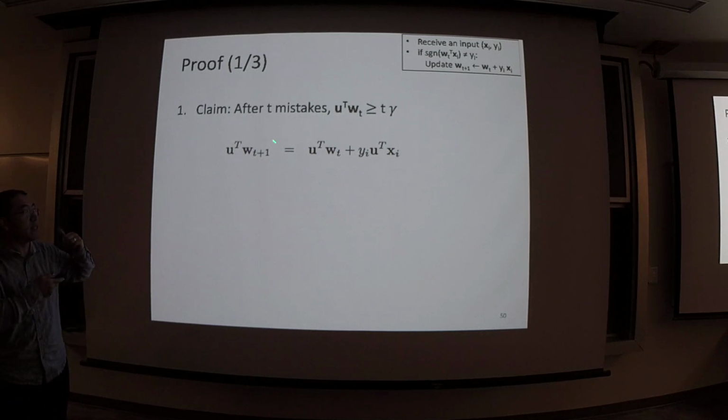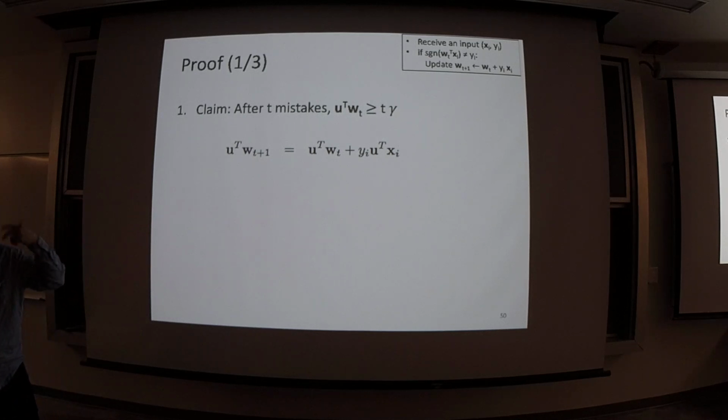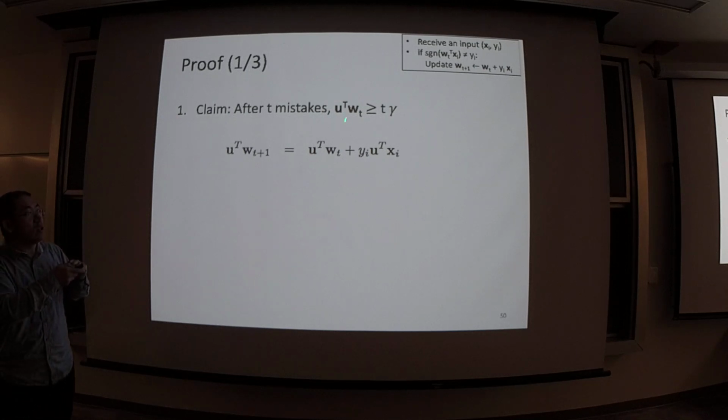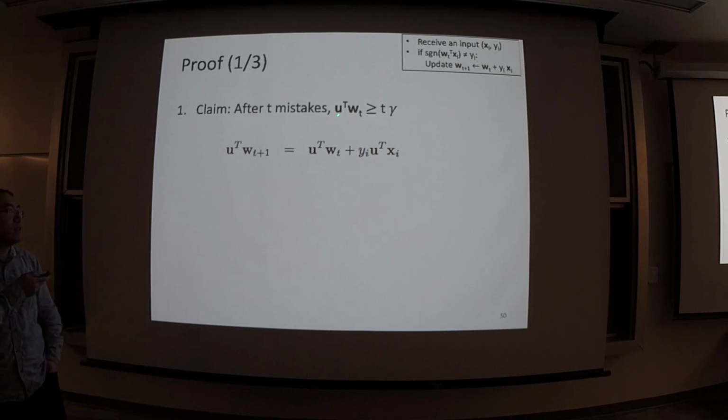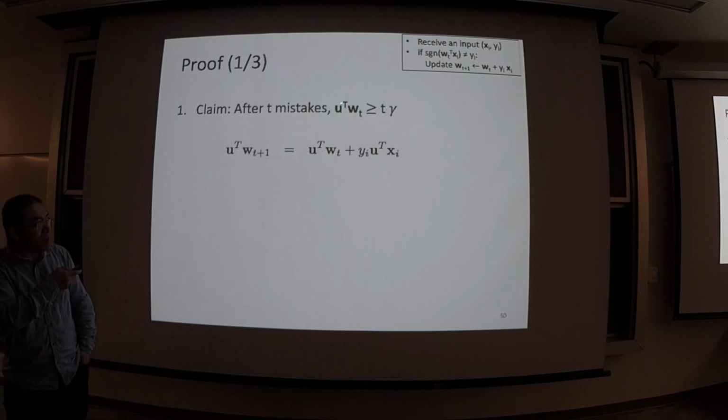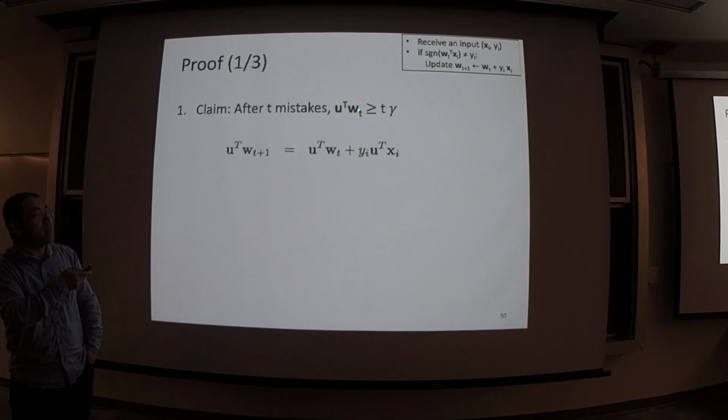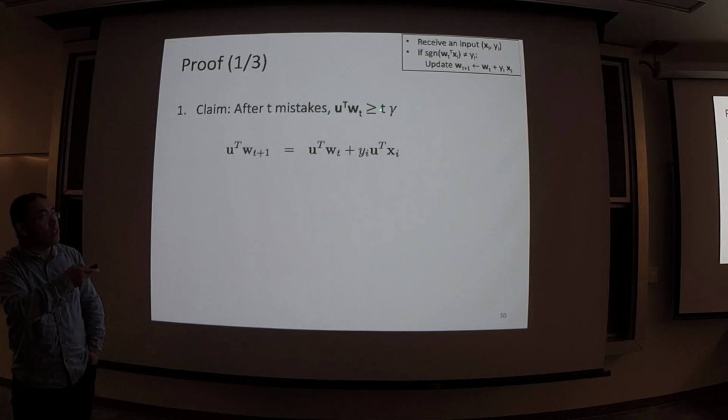So after t mistakes, that means we have updated our weight vector t times. We denote our weight vector by wt. We claim that the inner product between the unit separating hyperplane u and our current weight vector is no less than t times gamma.